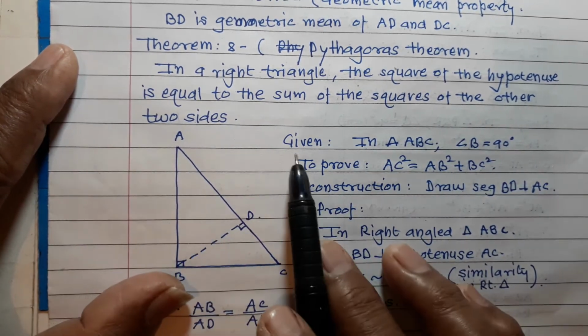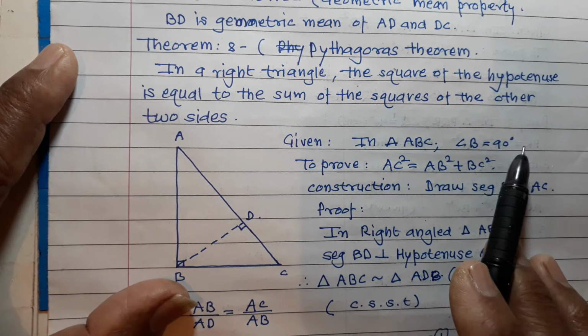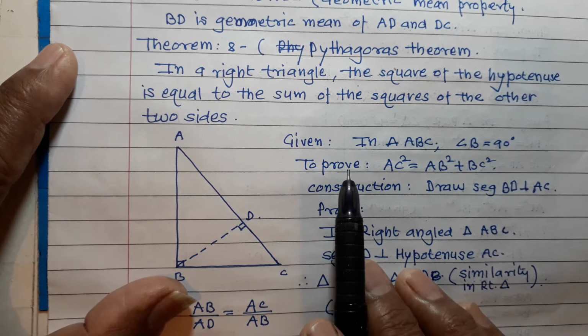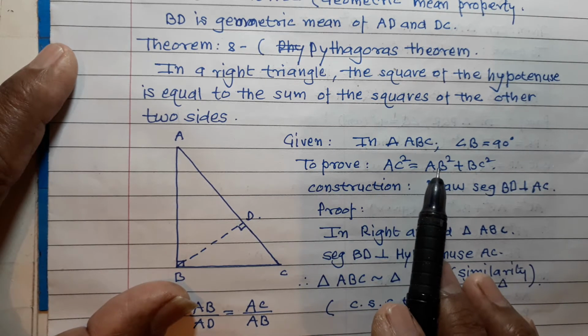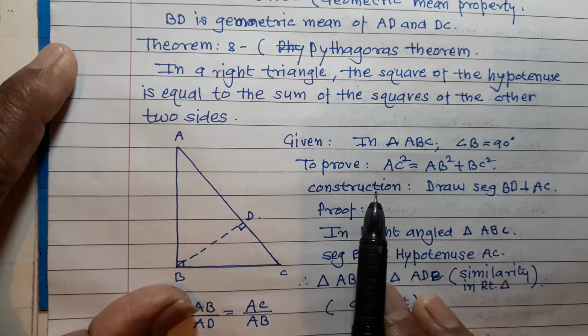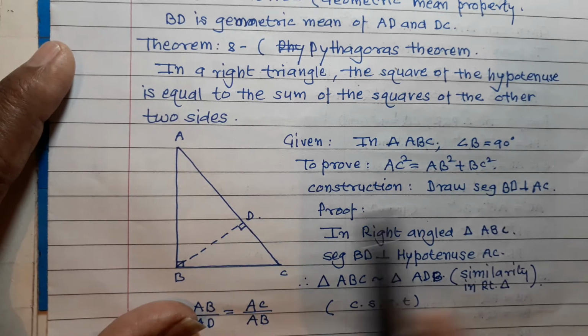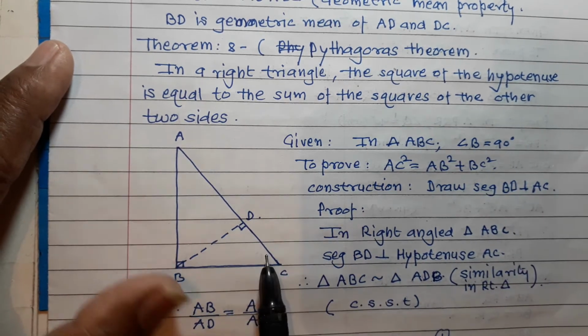Given: in triangle ABC, angle B is equal to 90. To prove: AC square is equal to AB square plus BC square. Construction: draw seg BD perpendicular to hypotenuse AC.